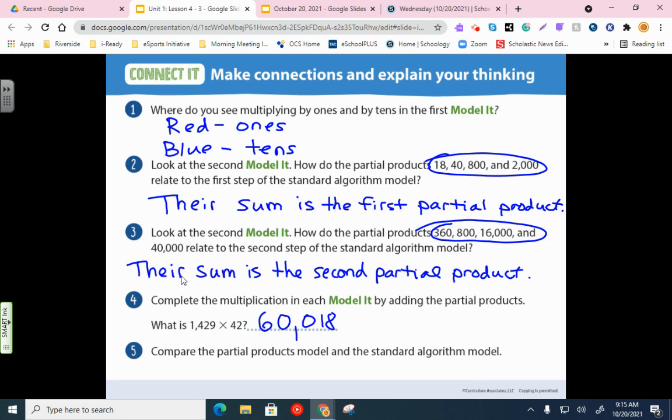5, compare the partial products model and the standard algorithm model. They both start with multiplying the ones and tens.